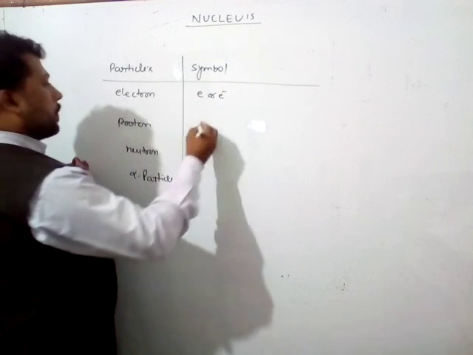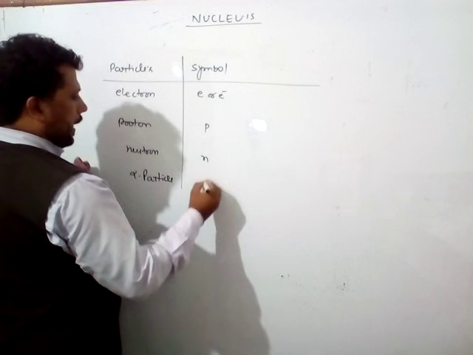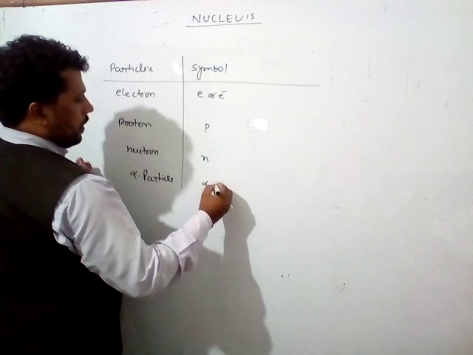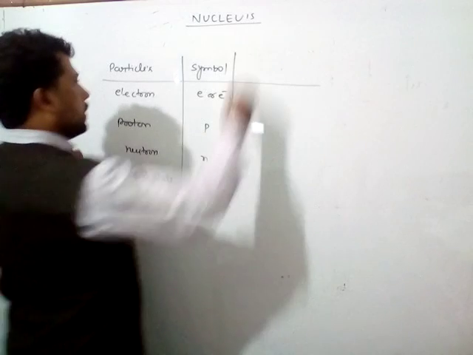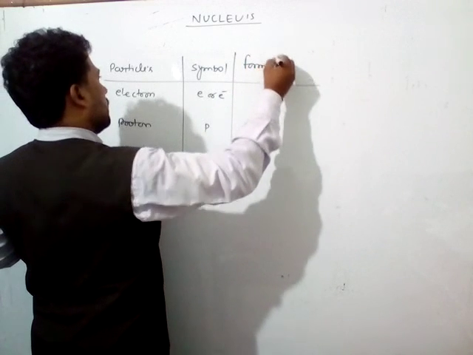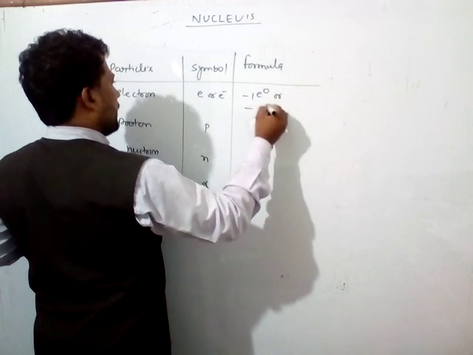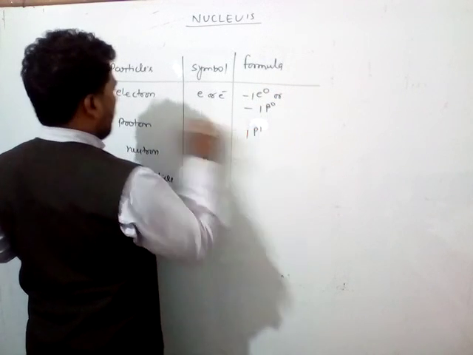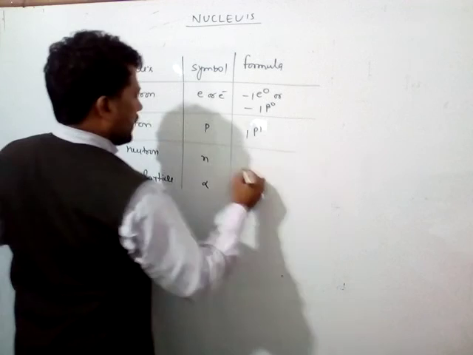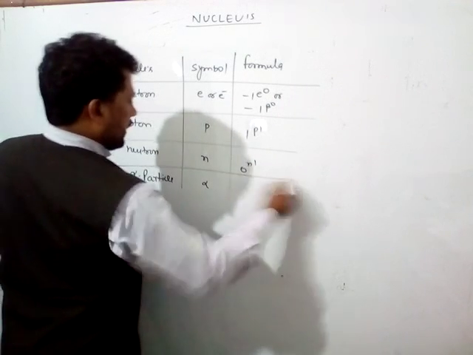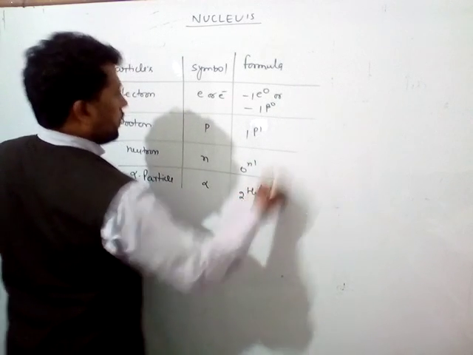Okay, proton p, neutron n and alpha particle alpha. Okay, so its formula is -1e0 or -1beta0. This is 1p1, this is written as 0n1 and this is 2He4.